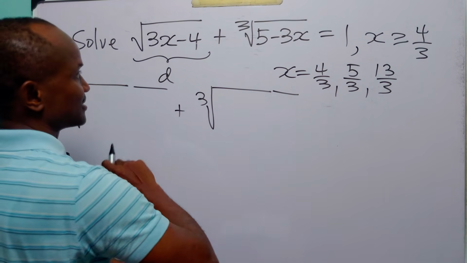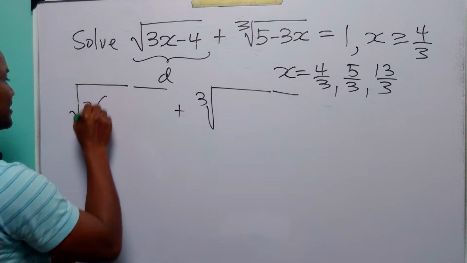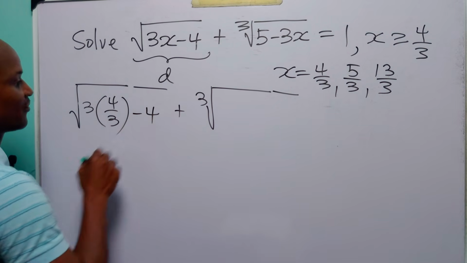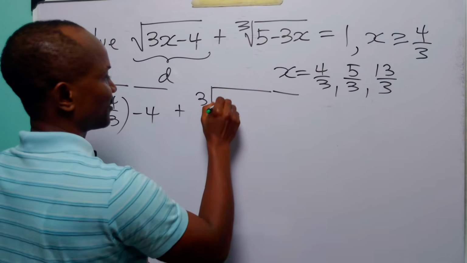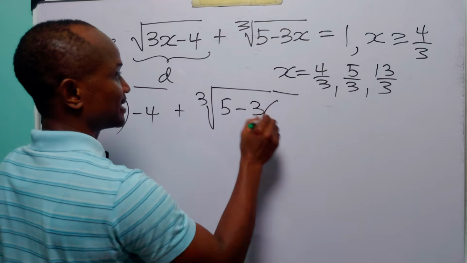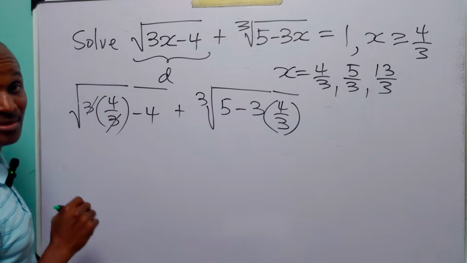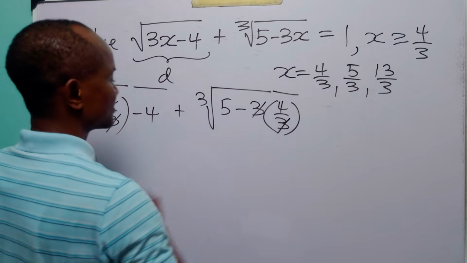And in the final case, we have 3 times 4 over 3 minus 4 plus 5 minus 3 times 4 over 3. This is going to cancel that, and this is going to cancel that.